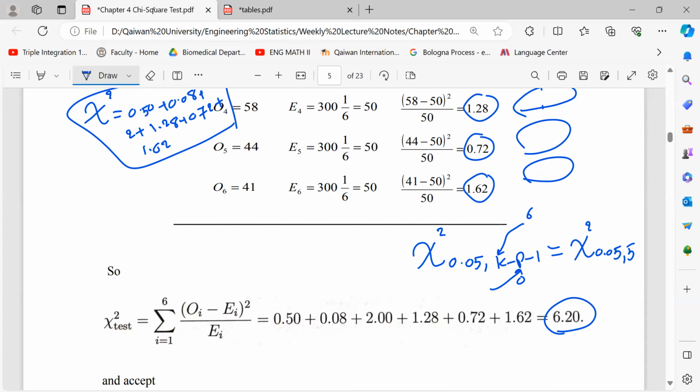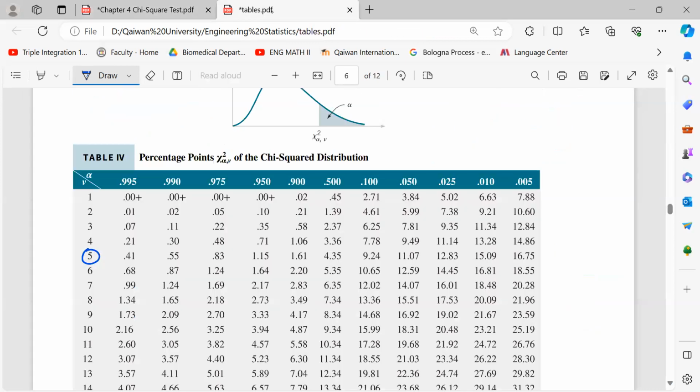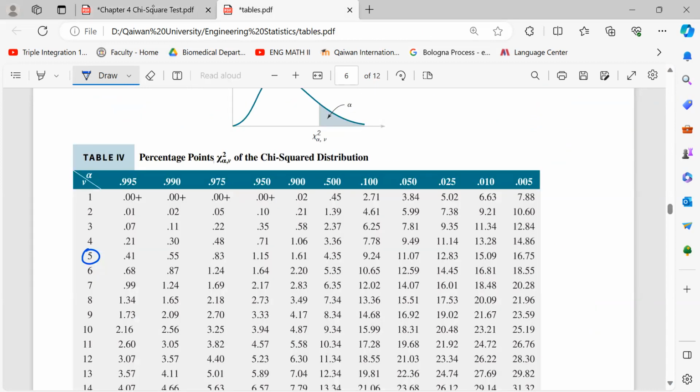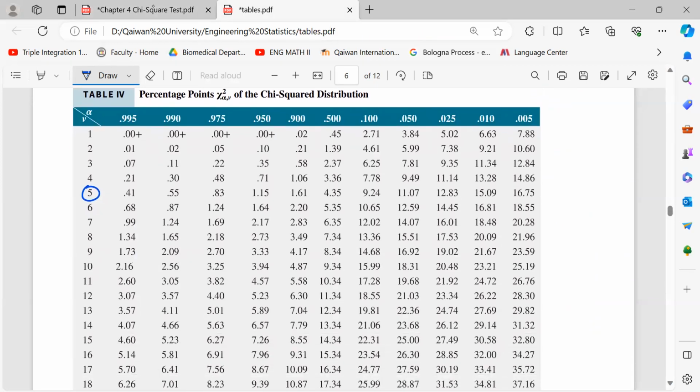Now we return to the table to get this value. Let's return to the table. It's 0.05 for alpha, and 5 is the degrees of freedom V. Then 0.05, that one is 11.07.